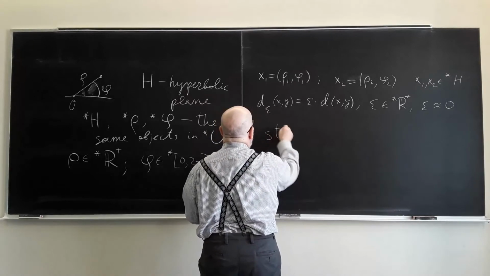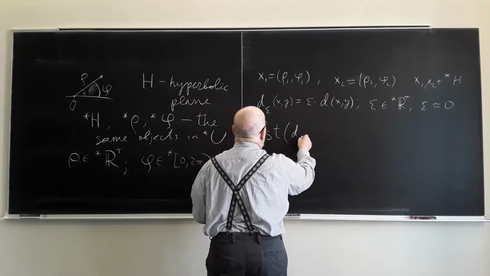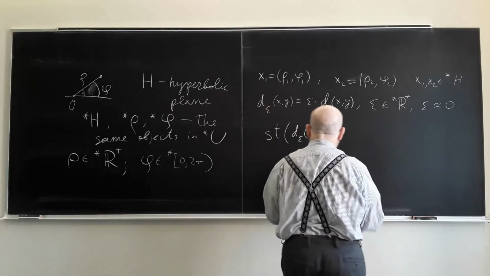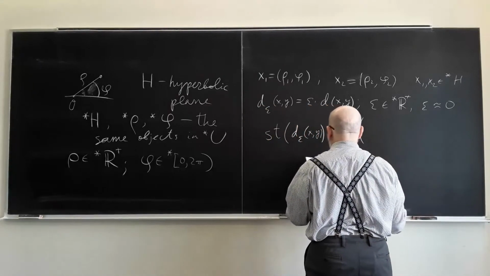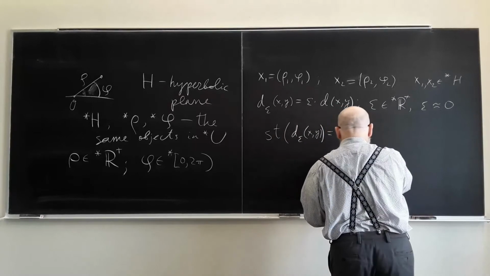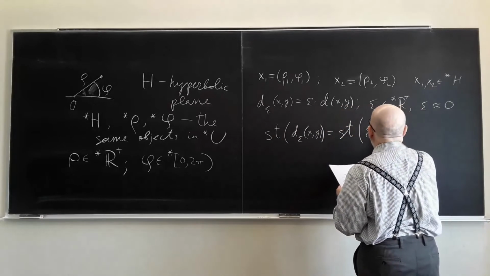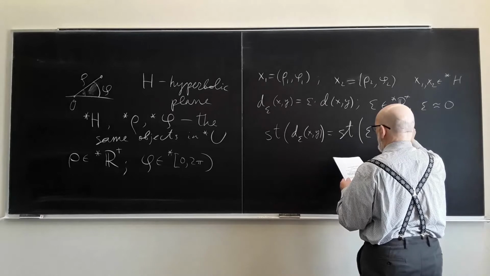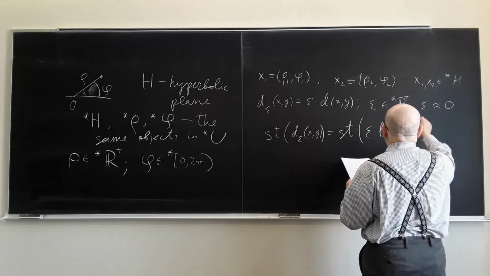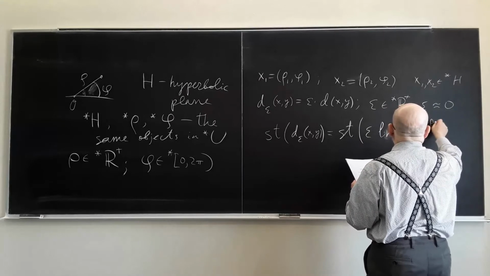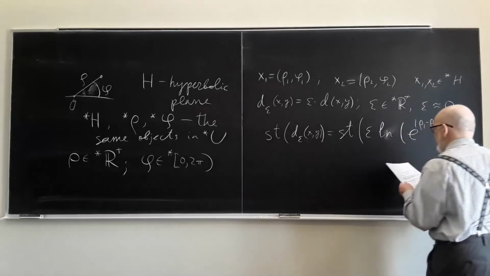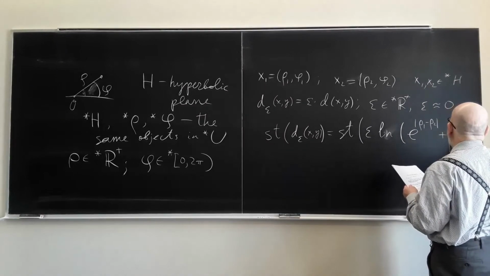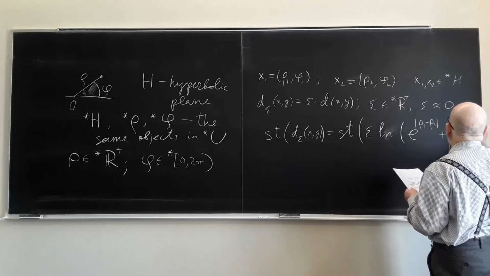So I write the standard part of d epsilon between x and y equals the standard part of the following thing: epsilon times logarithm of e to the power rho 1 minus rho 2 plus beta square e to the power rho 1 plus rho 2.